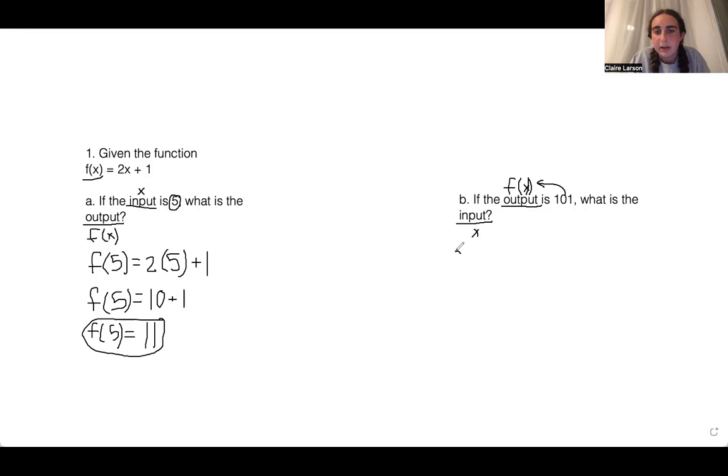Instead of writing f of x, we write 101 equals 2x plus 1. As you learned previously, we're going to solve this like a linear equation.